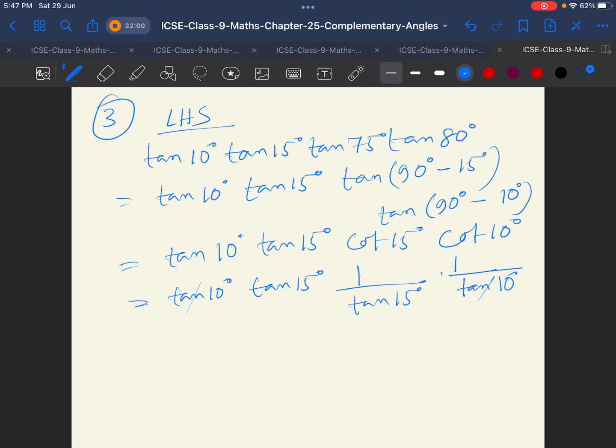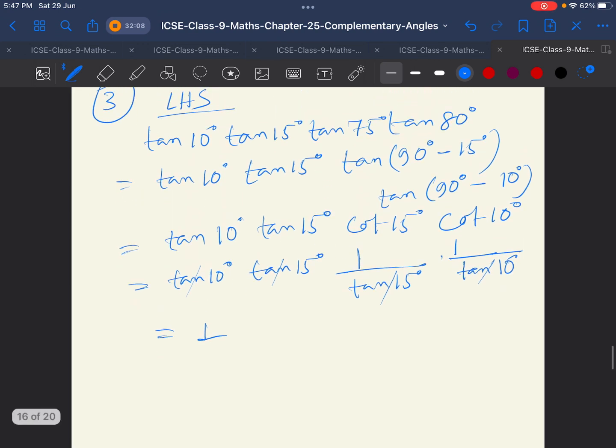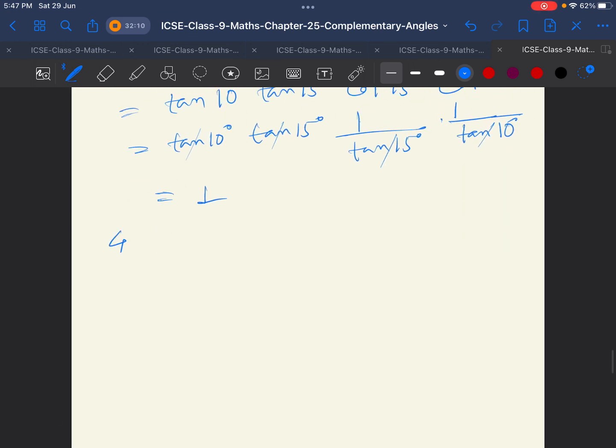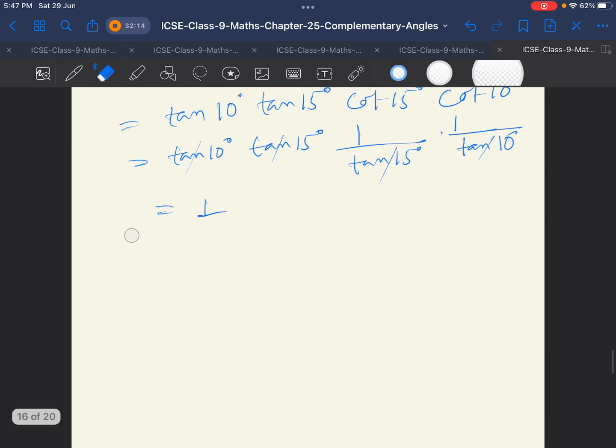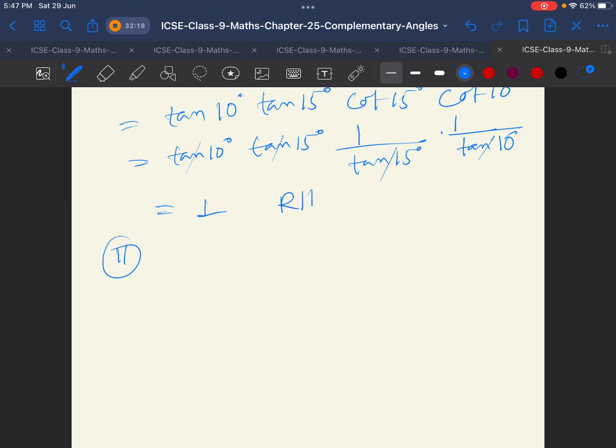So tan 10 degree cancels with tan 10 degree, and tan 15 degree with tan 15 degree. So this will be 1. Now second question. So this is right hand side proved.